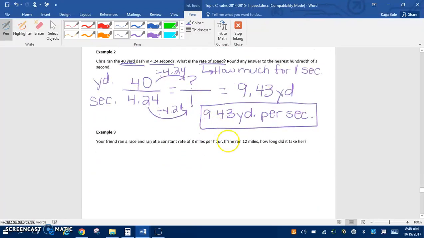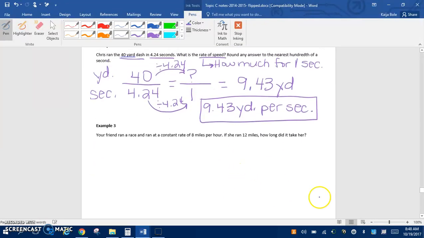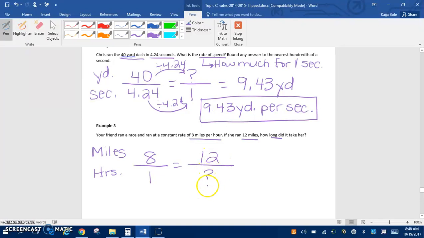Alright, example 3 says your friend ran a race and ran at a constant rate of 8 miles per hour. If she ran 12 miles, how long did it take her? Again, we're comparing miles and we are comparing hours. When we put in our blank standard algorithm, we have she ran 8 miles per hour and she ran 12 miles, so they want to know how long did it take her. So how many hours?